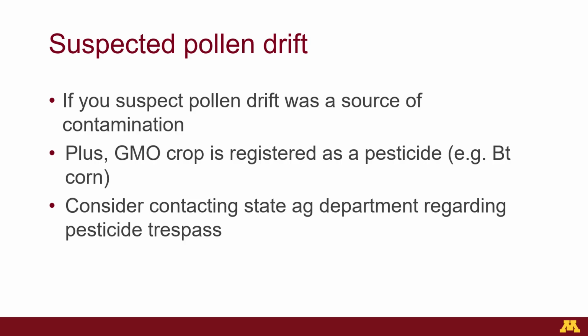If you suspect pollen drift was the source of the contamination, and it is due to a GMO crop that is registered as a pesticide, such as Bt corn, you can consider contacting your State Department of Agriculture about investigating the incident as a pesticide trespass.